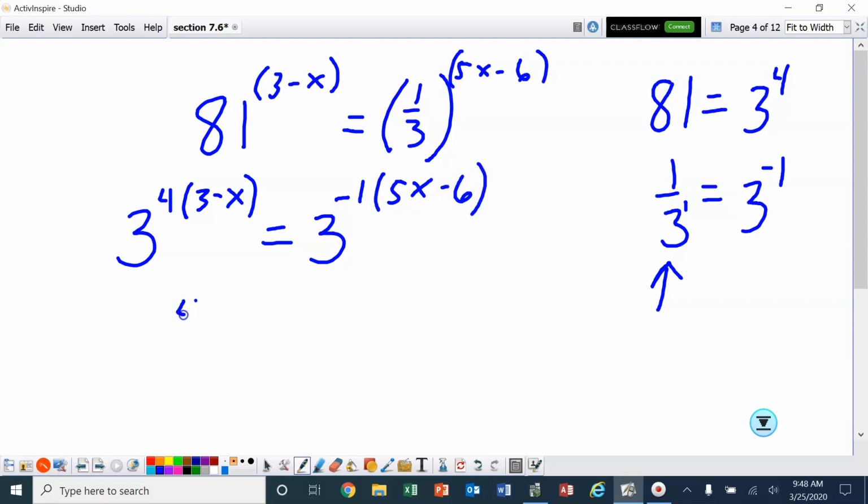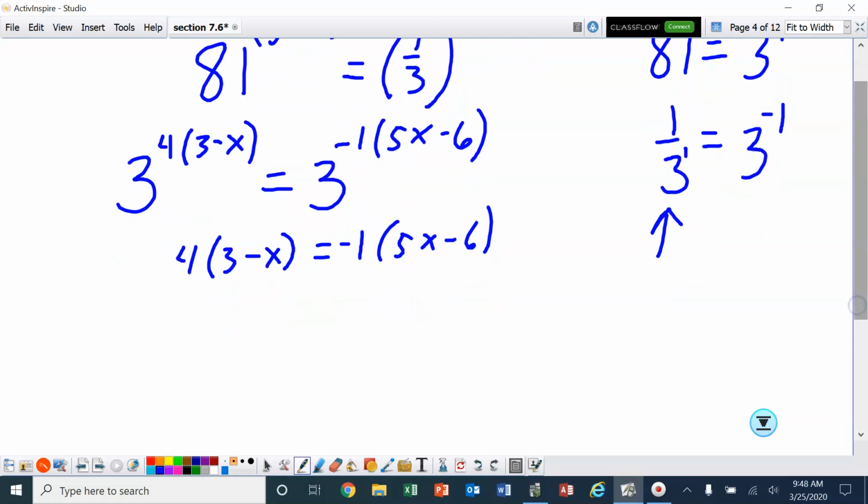All right, so now we can set them equal to each other and solve. Here we go.